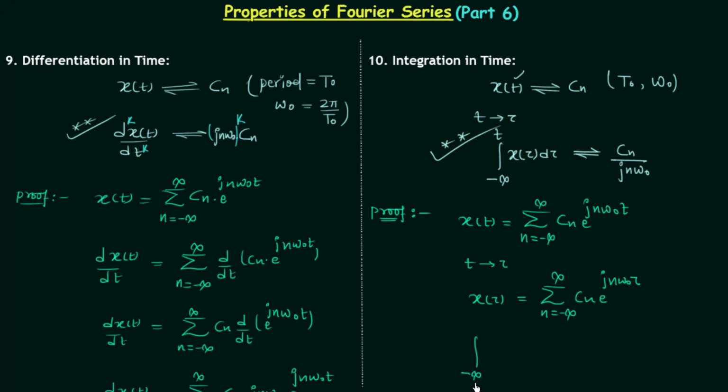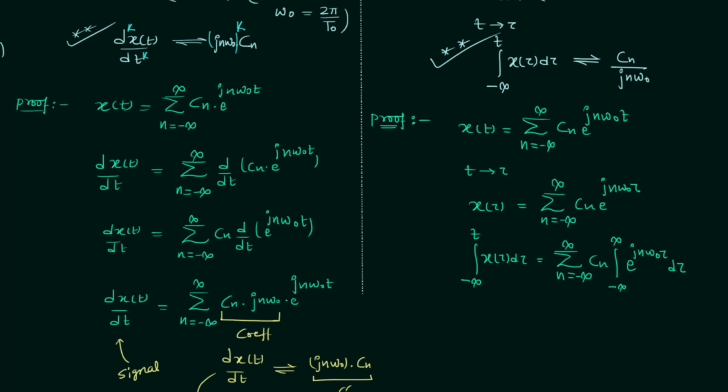We have integration minus infinity to t of signal x(tau) d tau. On the right hand side we have summation n equal to minus infinity to infinity. Cn is constant, so it will be out of integration, and we need to integrate e power jn omega naught tau with respect to tau. We know how to perform the integration of exponential functions. I will directly write down the final result.